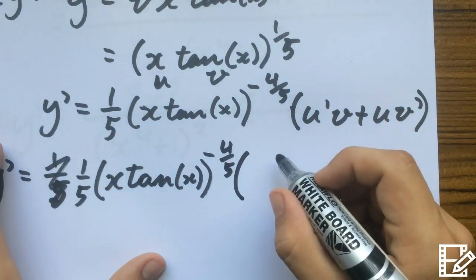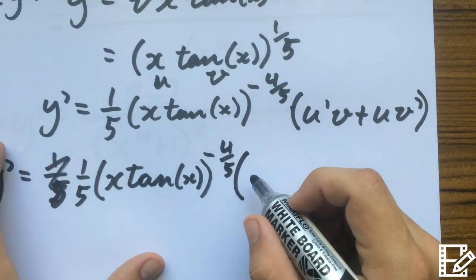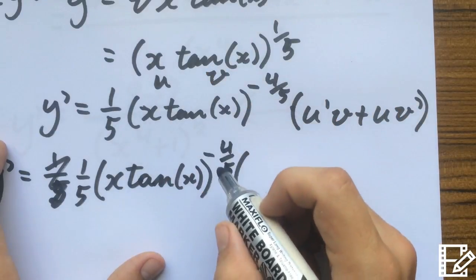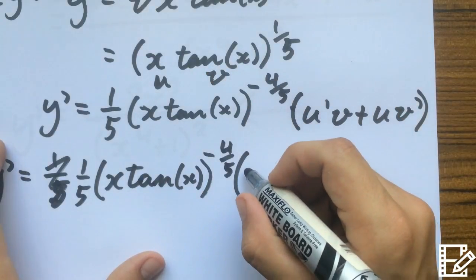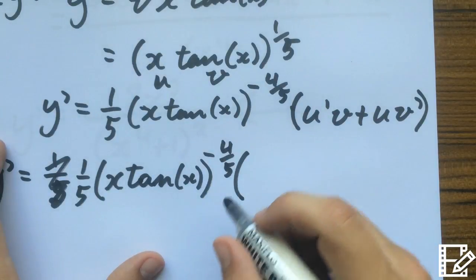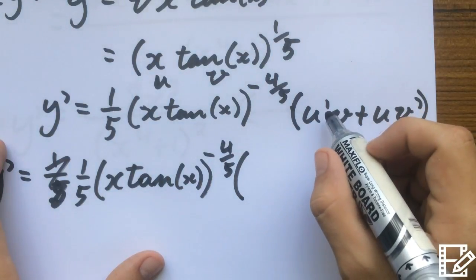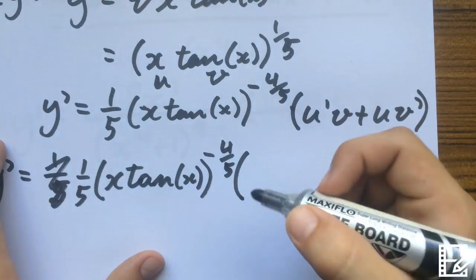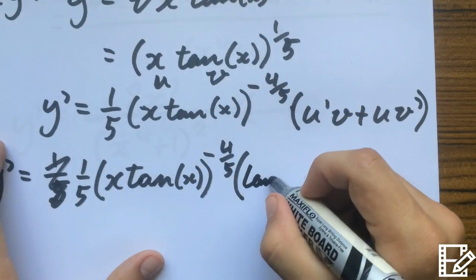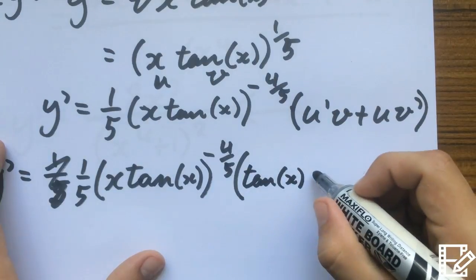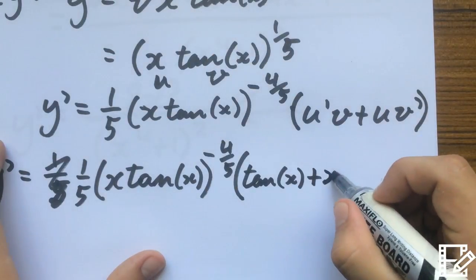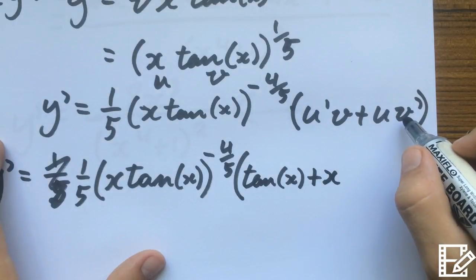Now we're going to do the product rule, because I'm multiplying by the derivative of the inside. Okay, so if we've labelled u as x, the derivative of u is 1. So we're not going to bother writing it, because it's just 1. And then we're multiplying that onto v. If v is tan x, 1 multiplied by tan x is tan x. Plus u, which is x, multiplied by the derivative of v.